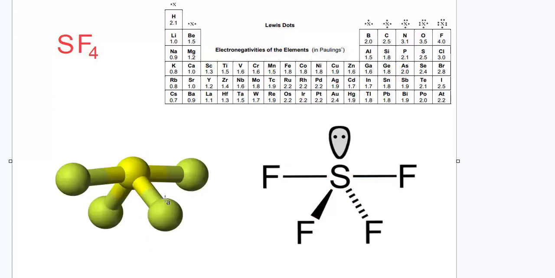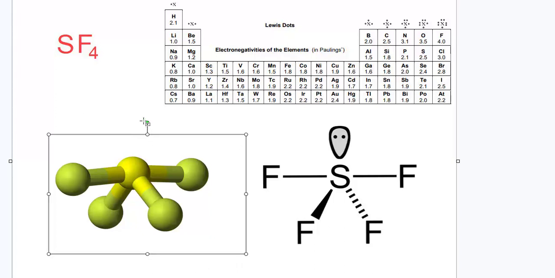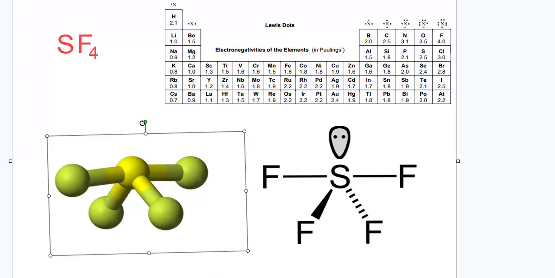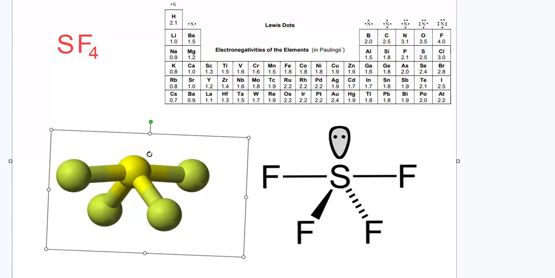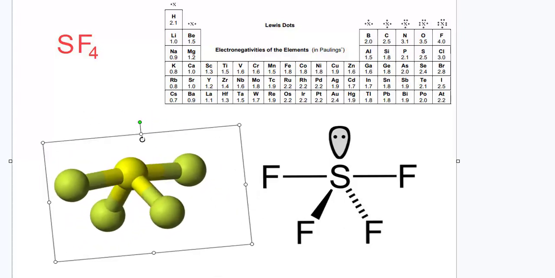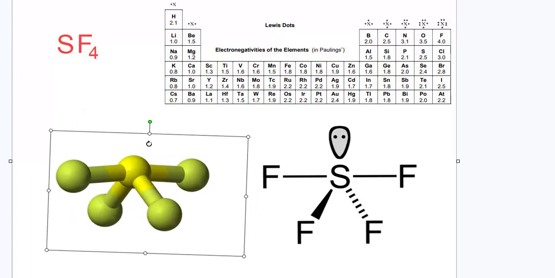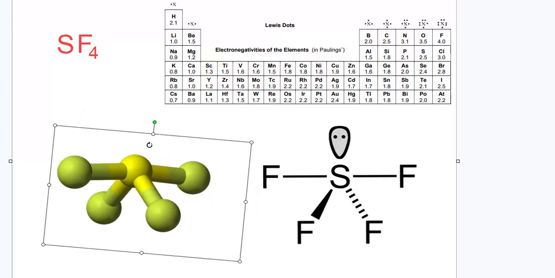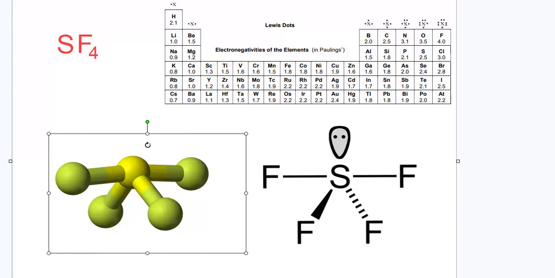To see the shape a little bit better, I put this here, and this ball and stick diagram maybe is a little bit better for showing the, let me try a little seesaw, or if you like long words, distorted tetrahedron. I'm not sure you even like the distorted tetrahedron because it's really not a tetrahedron anymore. But it does have tetra bonds, it has 4 bonds. And we've got our dipole.